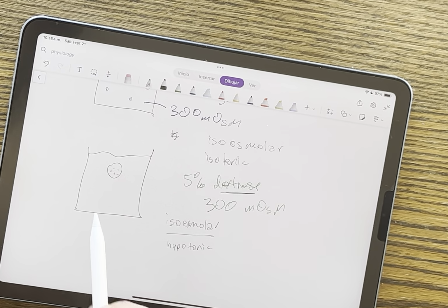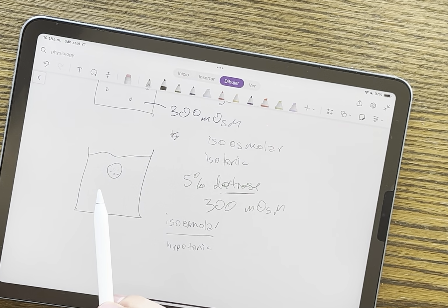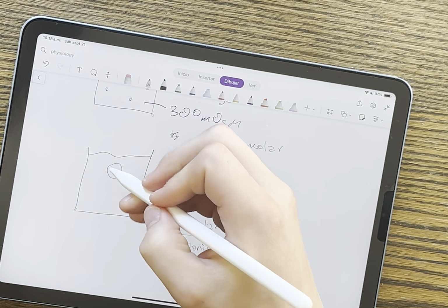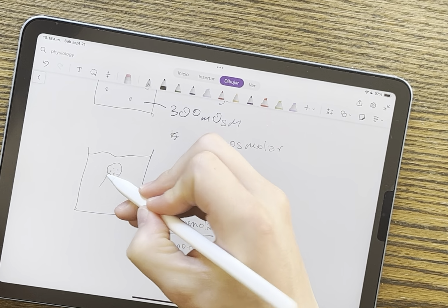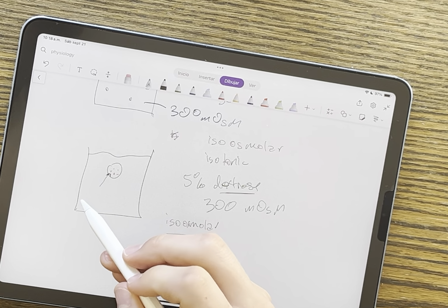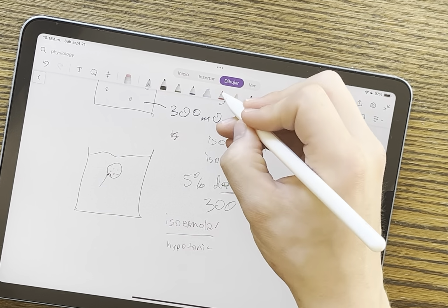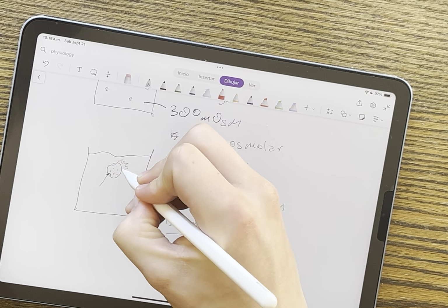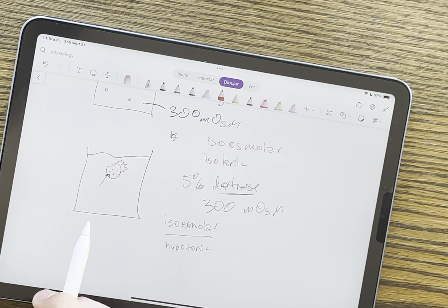The solution has less than what's inside, therefore it's going to decrease in water to try and match the concentration of solutes on each side. The cell will then swell, and then it will burst eventually because of the tonicity.